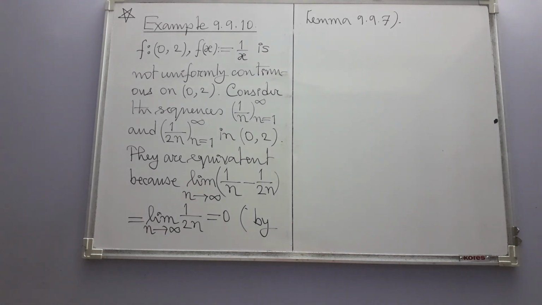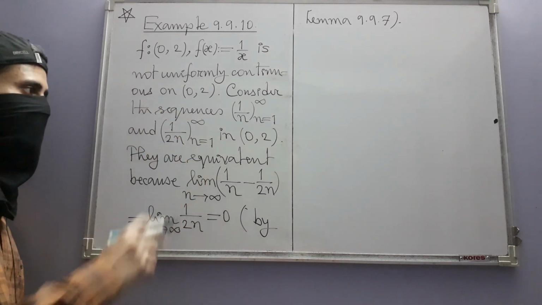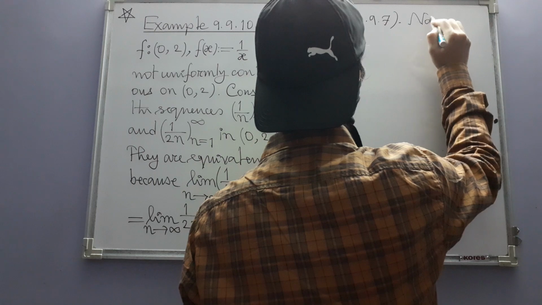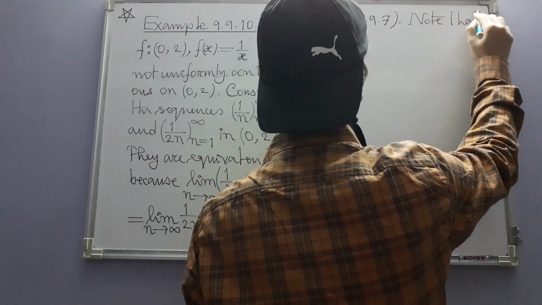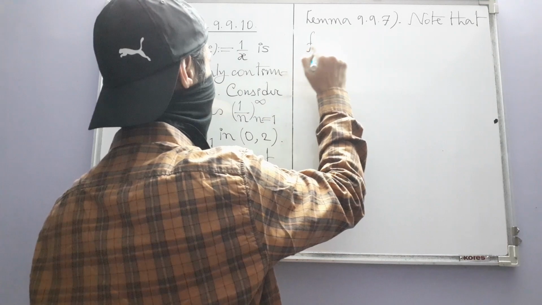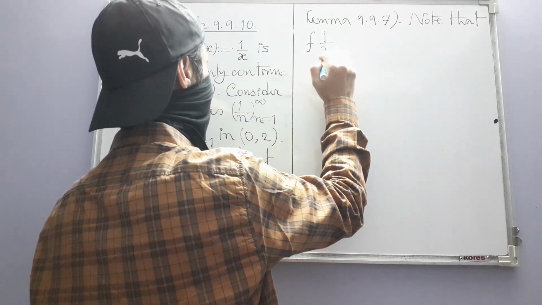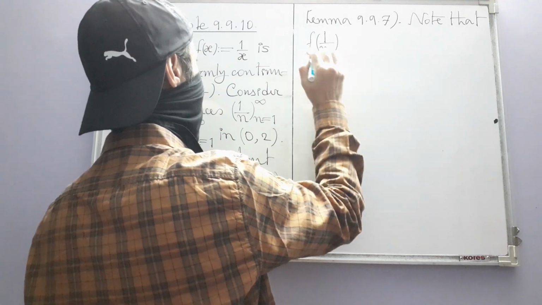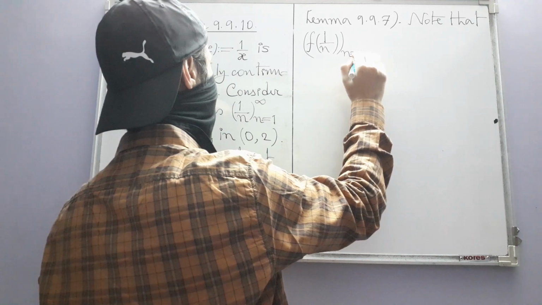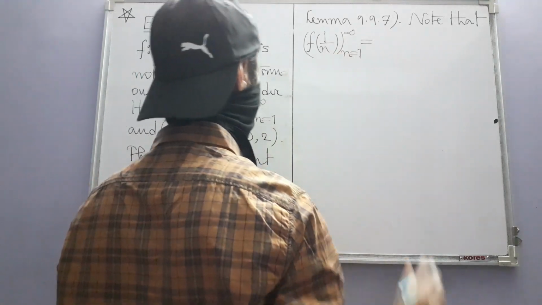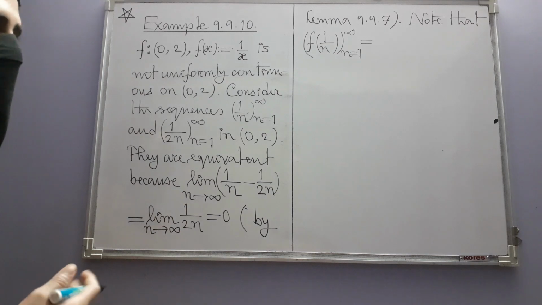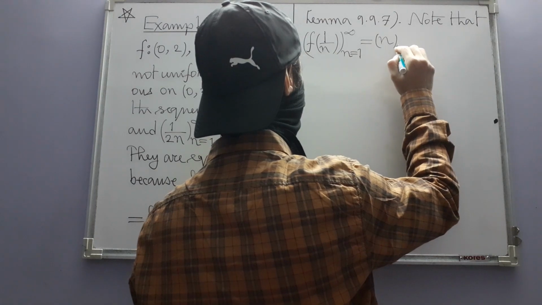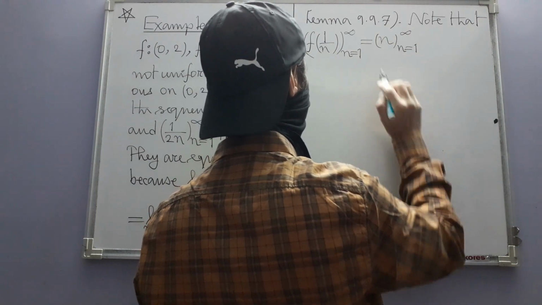However, let us now see what happens to the f images of these sequences. Note that f of 1 over n is actually, because we are just going to take the reciprocal of the input, the sequence of all positive integers.